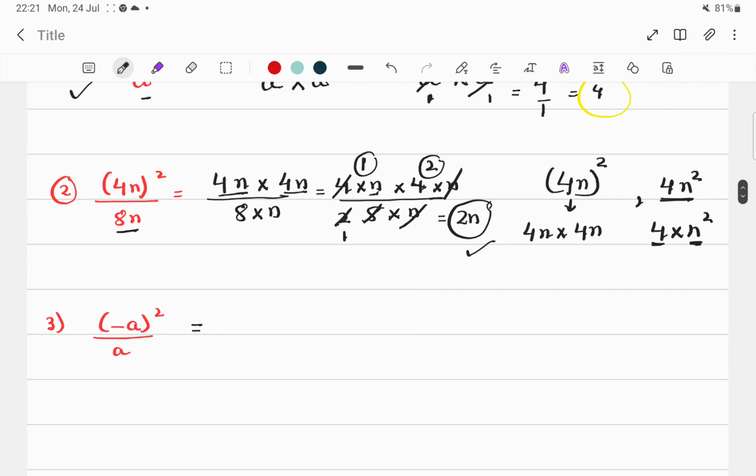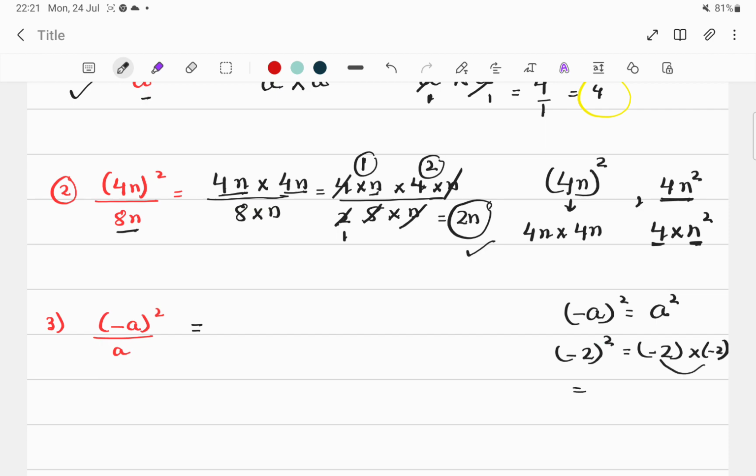Next question is minus a the whole squared over a. One thing is very important: if you take the square of a negative value, it is always equal to a positive squared. For example, negative 2 squared is negative 2 multiplied by negative 2.